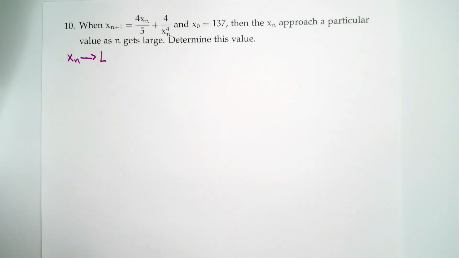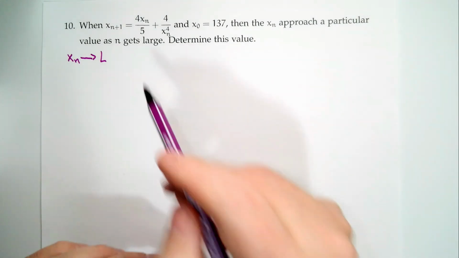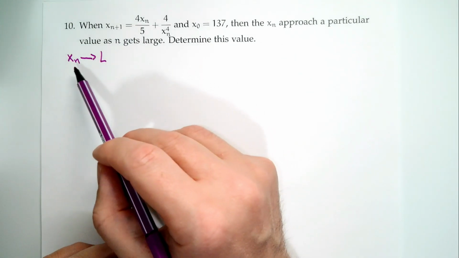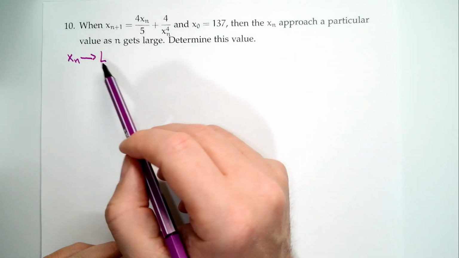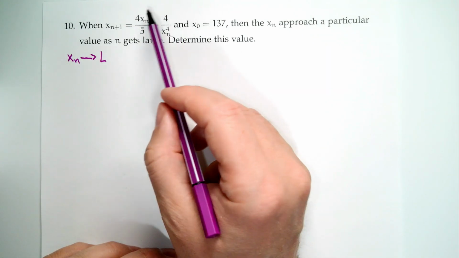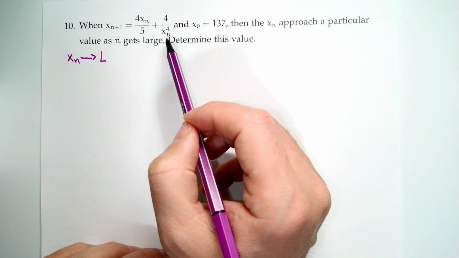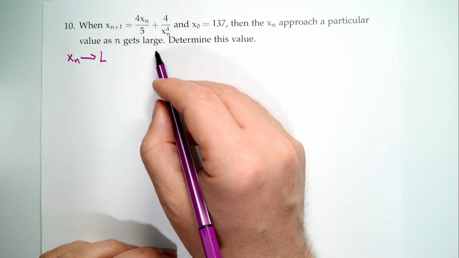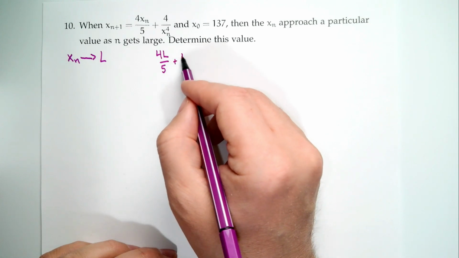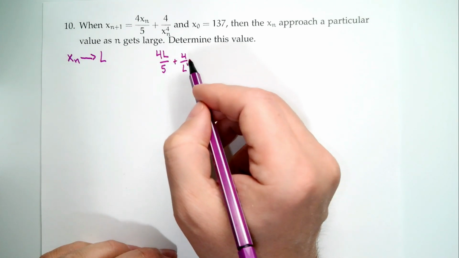Now let's do this in two different ways. So the first thing to say is, okay, let's just imagine n is getting big. What's happening to our xn? That says xn is getting close to L. So on this right-hand side, every term that has an xn is about L. So we're getting that it's going to 4L over 5 plus 4 over L to the 4th.